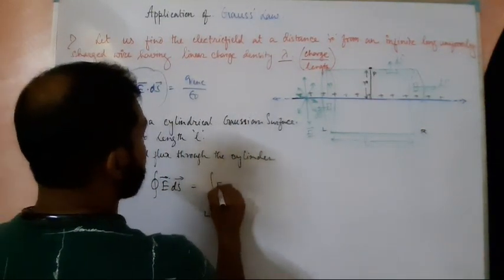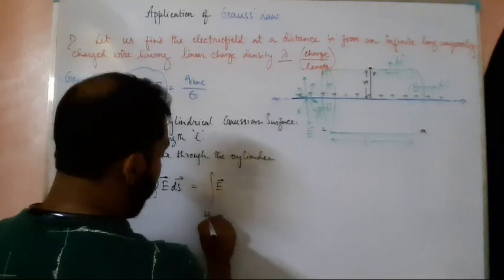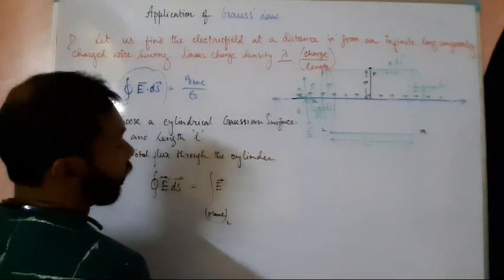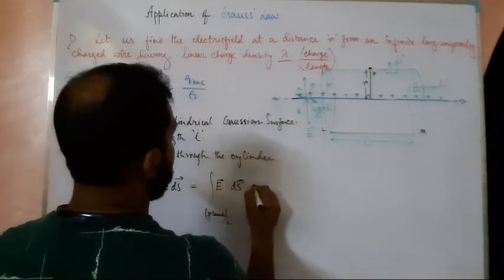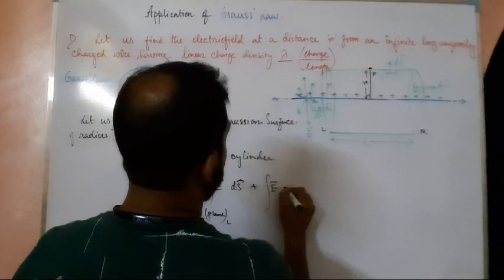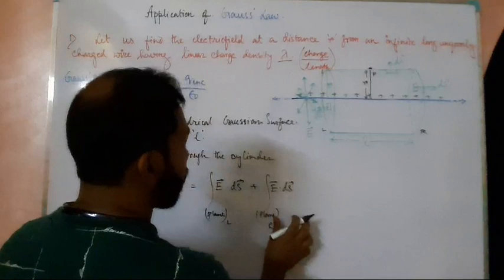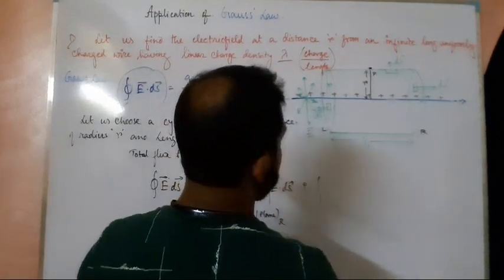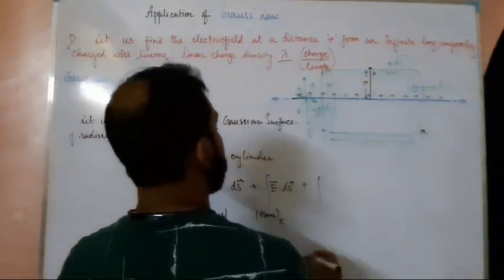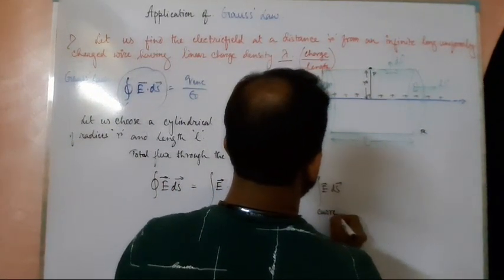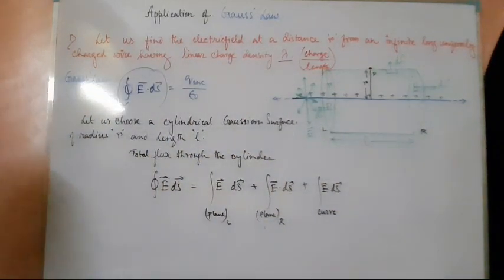Left plane surface, E dot ds, plus E dot ds again for the plane surface to the right, and another surface is the curved surface, E dot ds for the curved surface. So we have split the closed integral into open integrals.